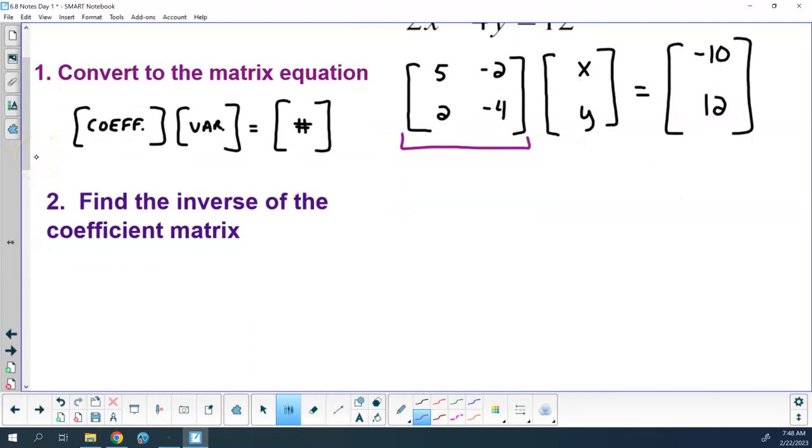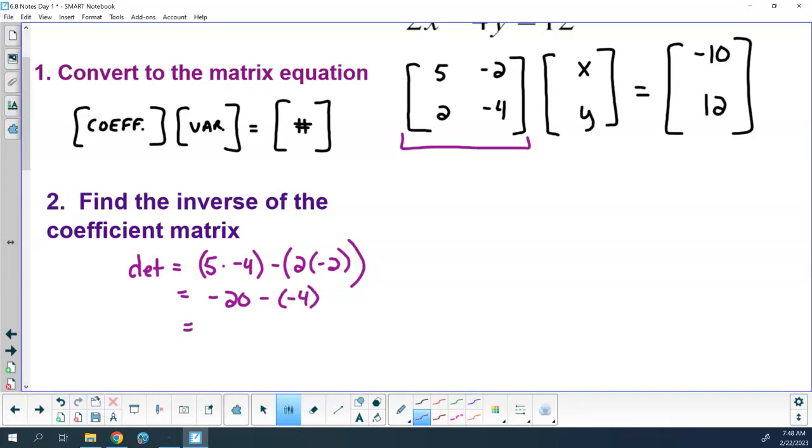So the first thing I need to do is find the determinant of that matrix. Well, that's going to be 5 times negative 4 minus 2 times negative 2. 5 times negative 4 is negative 20. 2 times negative 2 is negative 4.